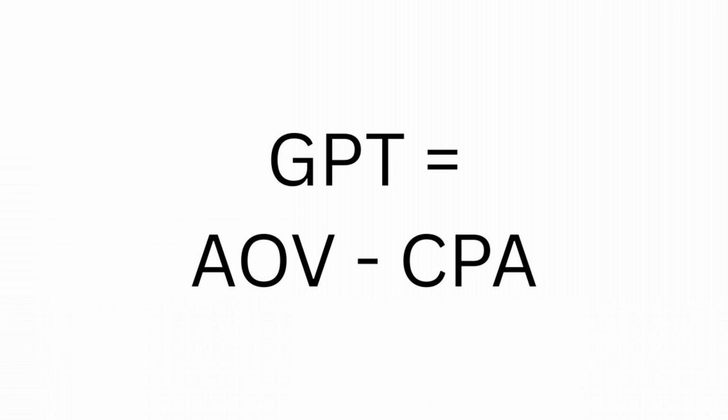Real money, not hope. Now, before we move on, I just want to also tell you how to define these metrics. CPA is how much money did you spend and how many conversions did you get. But GPT is what is the difference between that CPA and the average order value. So it's AOV minus CPA. And that's, again, really important. It's not ROAS.